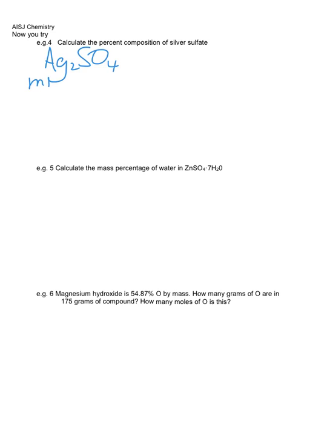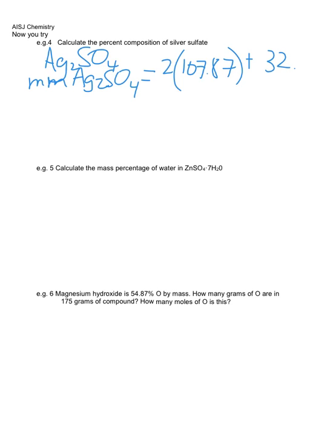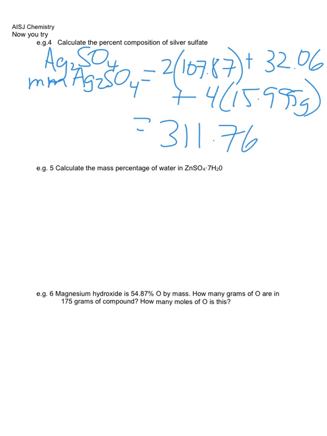The molar mass of silver sulfate is equal to 2 times 107.87 grams for silver plus 32.06 grams for sulfur plus 4 times 15.999 grams of oxygen for a total of 311.76 grams.